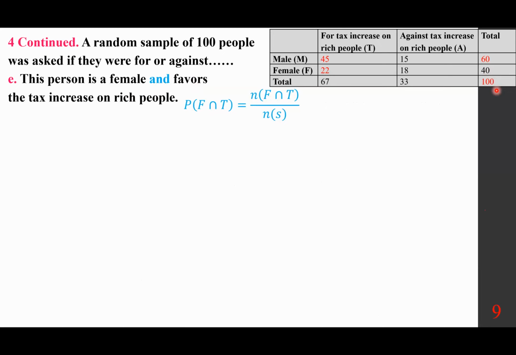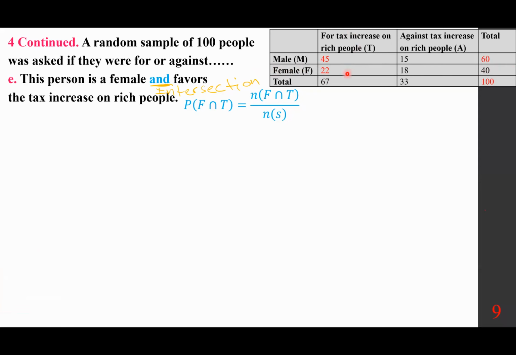It's an AND statement, intersection of events. N of F intersection T. These are the females.